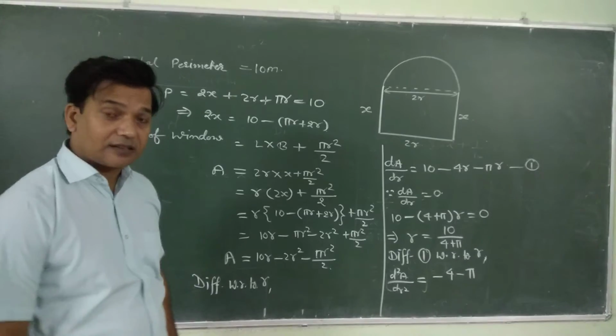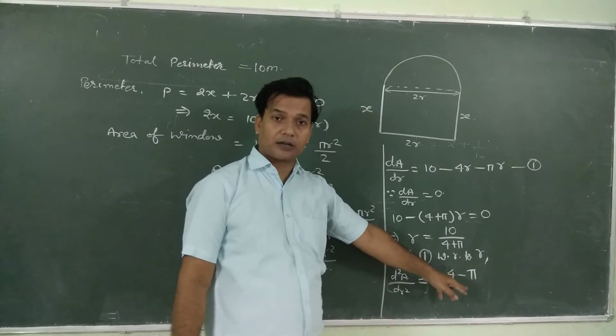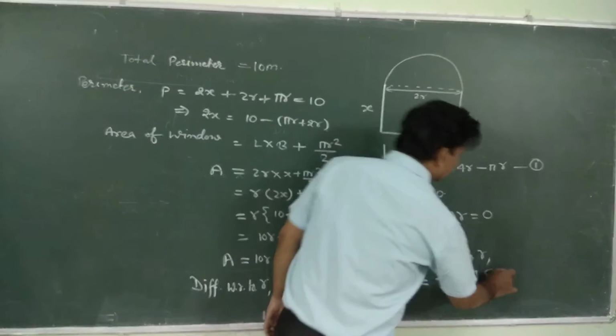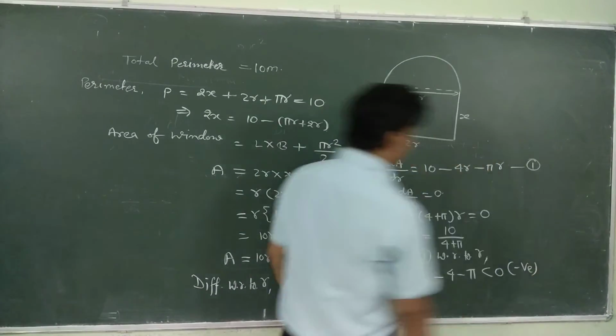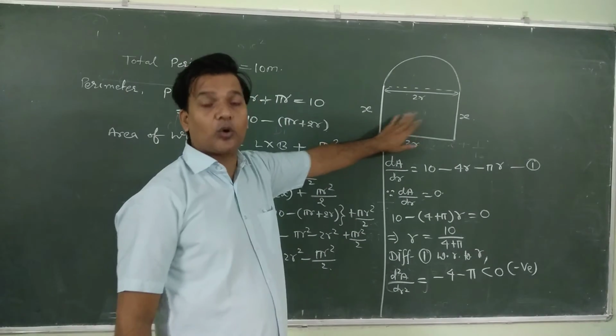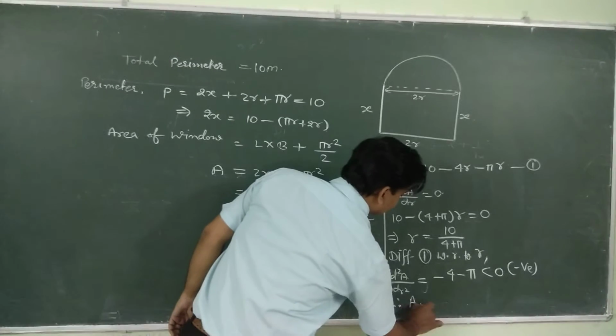Both the values are negative, and it is free from r. That's why it is less than 0, negative. Negative means that the area of this window is maximum. Therefore, A is maximum.